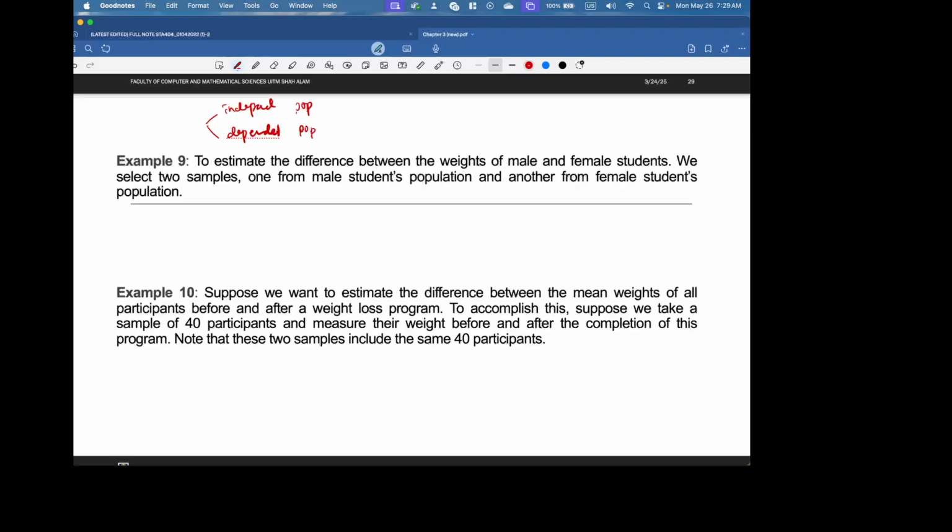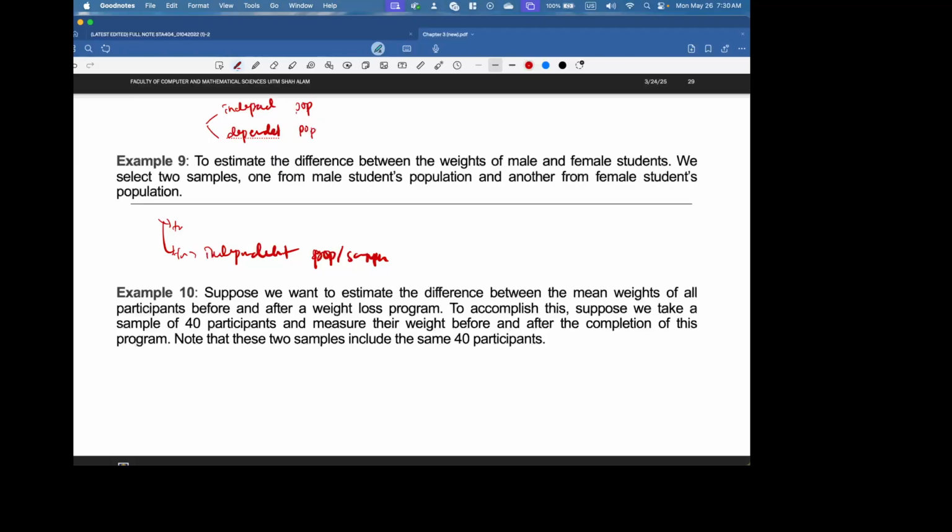If there is no relationship between the first population and the second population, example 9 is a case where we have two independent samples, or populations.